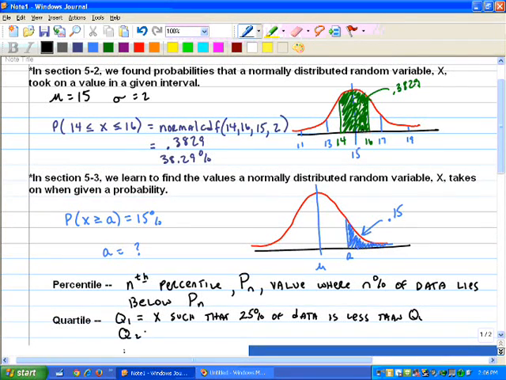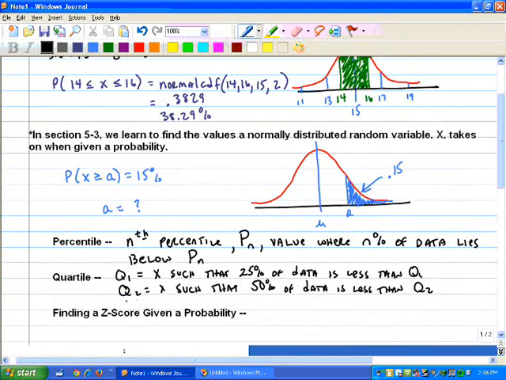The second quartile is the x such that 50% of data is less than Q2. The third quartile is x such that 75% of data is less than Q3.